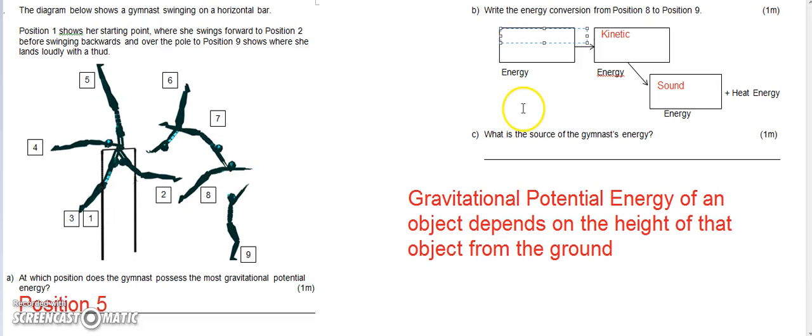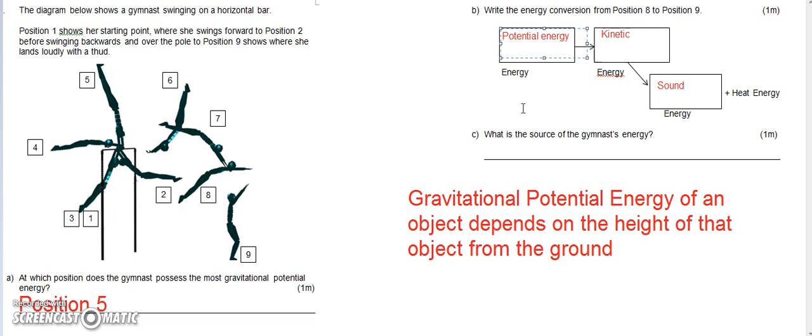The gymnast at position 8 is still far away from the ground, so she would have potential energy. That means gravity can still pull her down to the ground, changing that potential energy to kinetic.